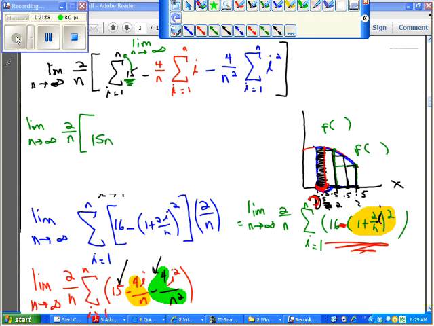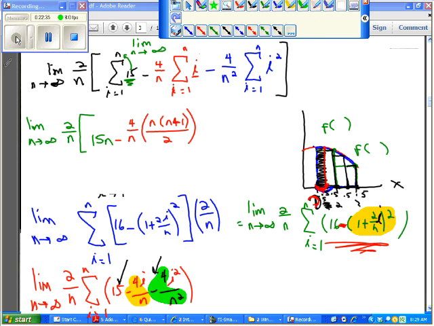The summation of a constant is constant times upper bound. You need to remember that rule. All right? Minus 4 over n times. What about the summation of i? It is n times n plus 1 over 2. Remember that?